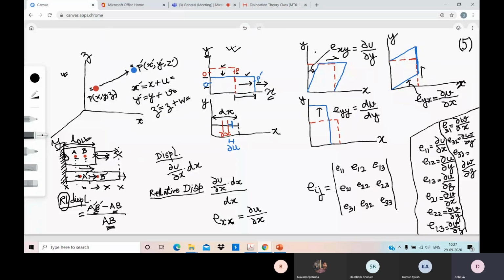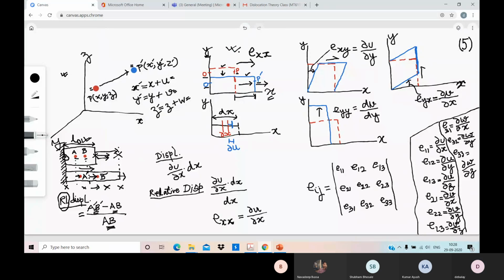That's why whatever relative displacement we get from this, we express it in this form. We write it as Exx. This is the relative displacement that is shown in this plot.